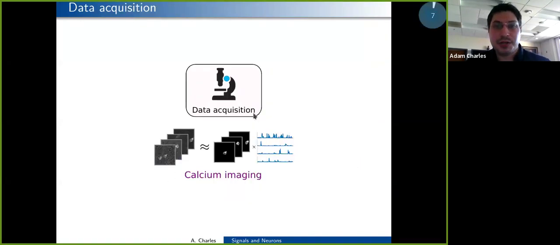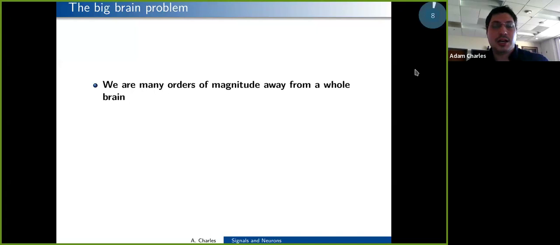I want to start today by talking about the acquisition part of my lab. In particular, I'm going to focus on optical imaging. Calcium imaging is going to play a big role, but I'm going to talk a little bit about optical imaging in general. Optical imaging is an alternate way of seeing the brain from electrophysiology.